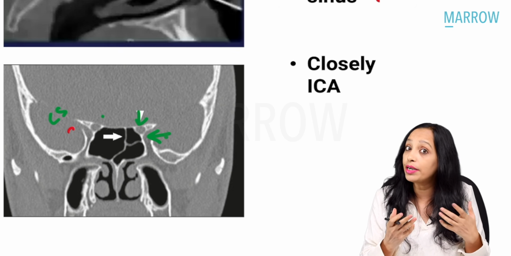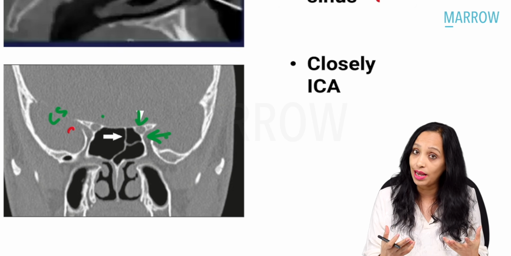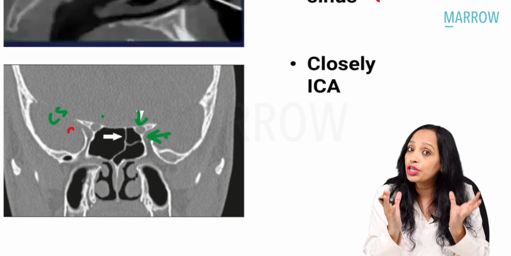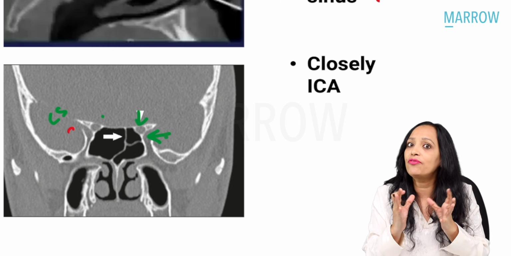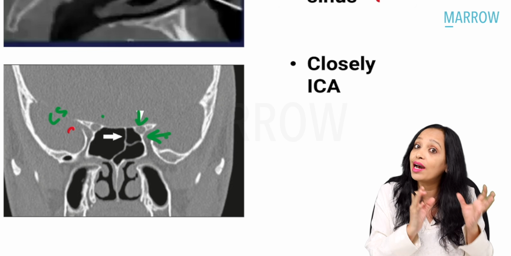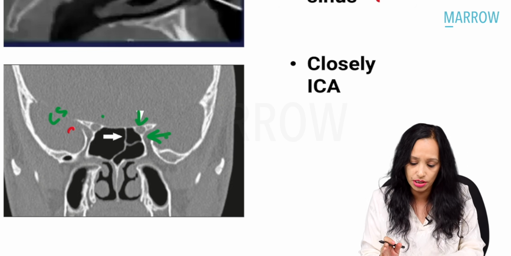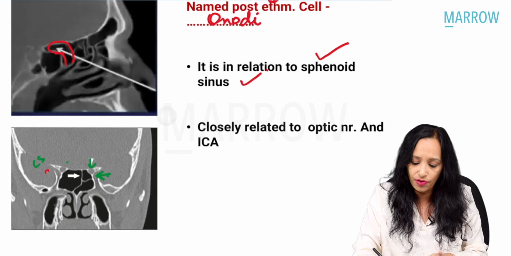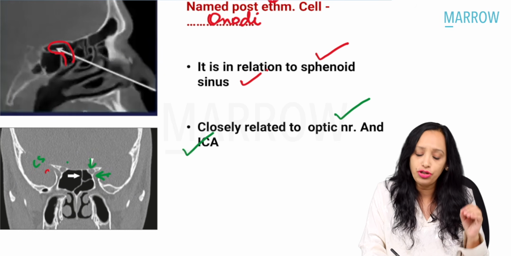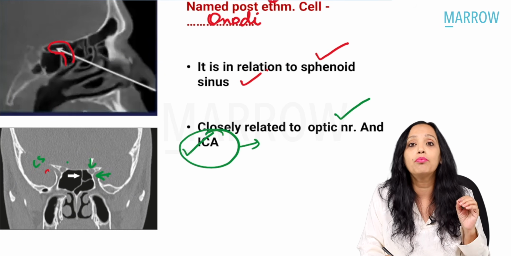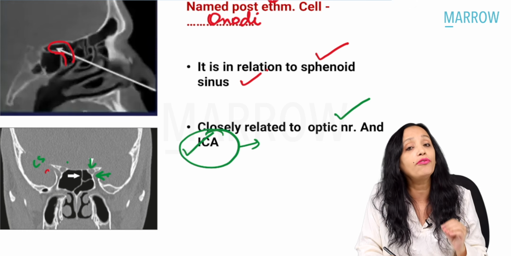While operating on the posterior ethmoid, on the Onodi cell, because the posterior ethmoid's air cells have very friable walls, there will be high chances of injury to both these structures. Again, that is a question of our exam, and in fact injury to the internal carotid artery is the most dreaded complication of FESS.